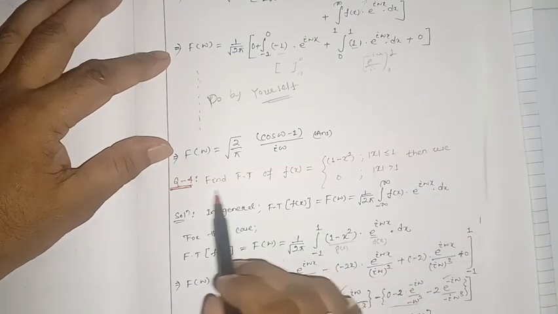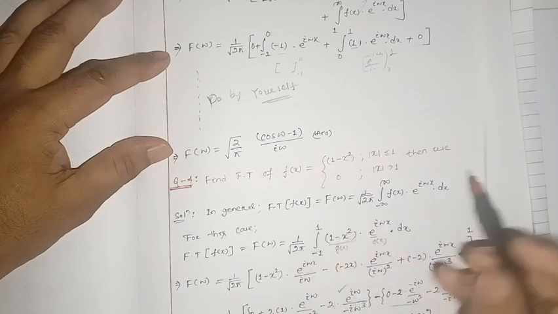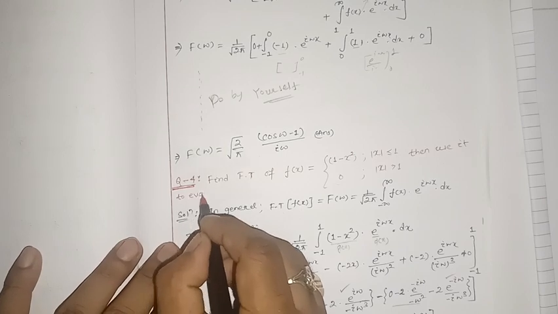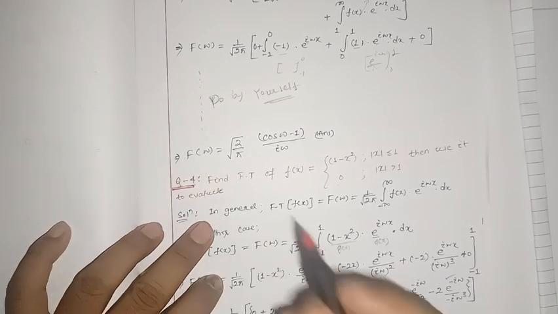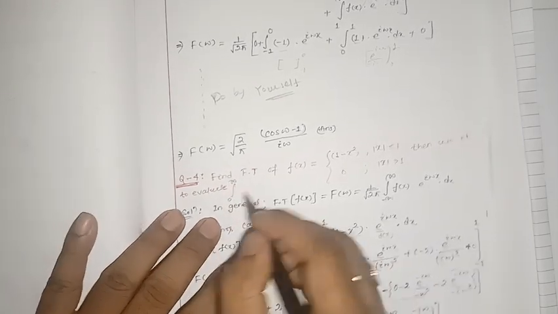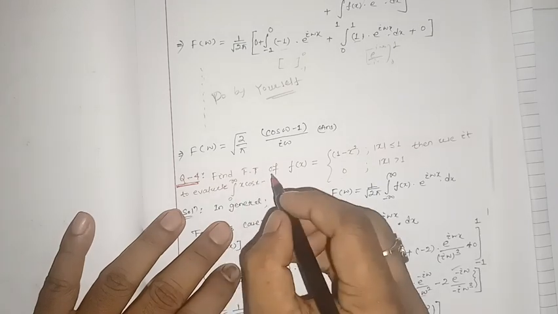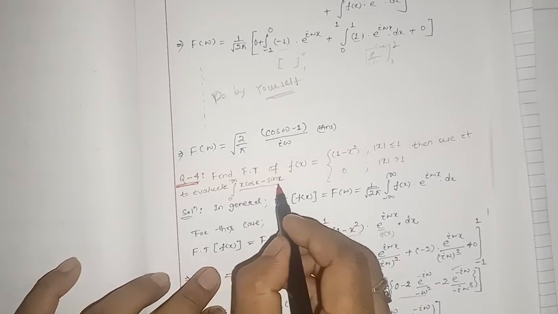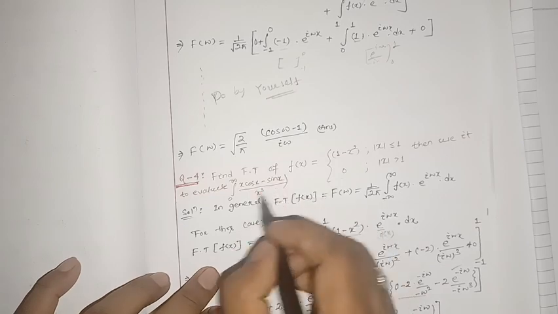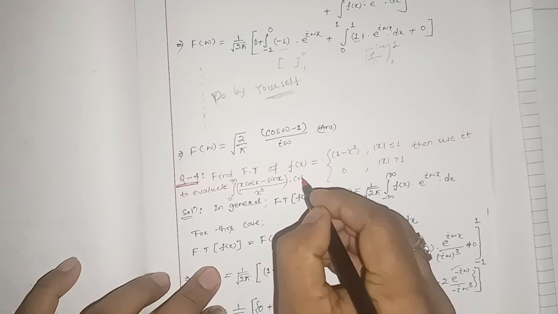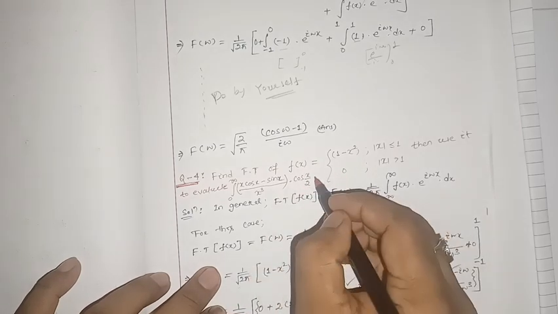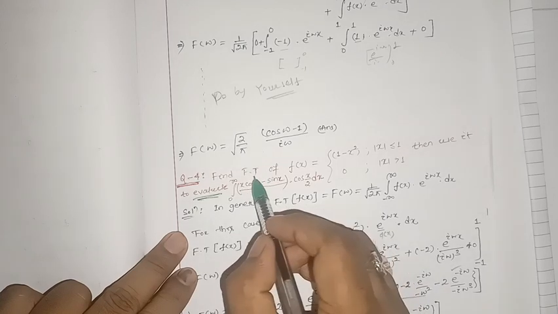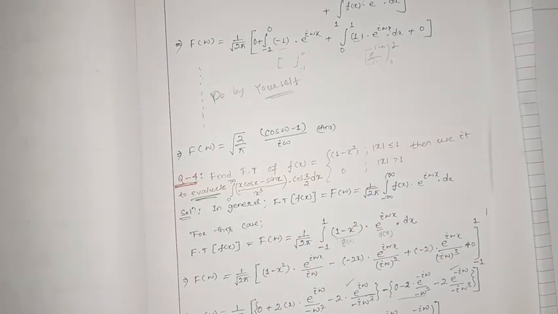Find the Fourier transform of this function, then use it to evaluate this integration: 0 to infinity of (x cos x minus sin x) whole divided by x cube, into cos x by 2 dx. Okay, we have to evaluate this integral by using the Fourier transform of this function. I forgot to write it.